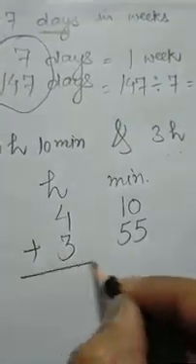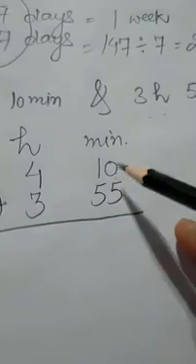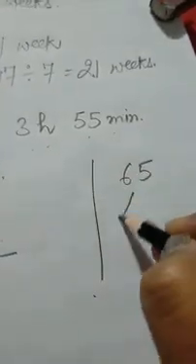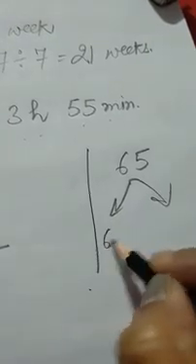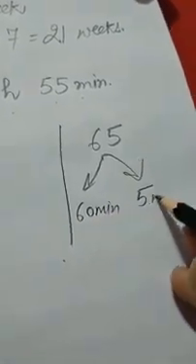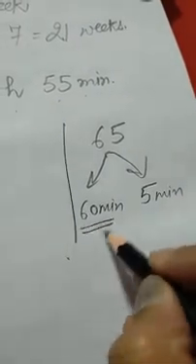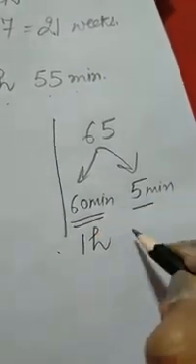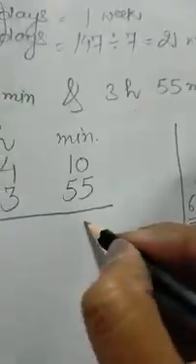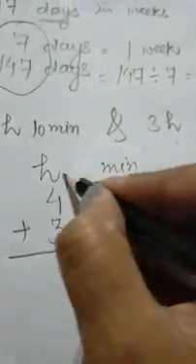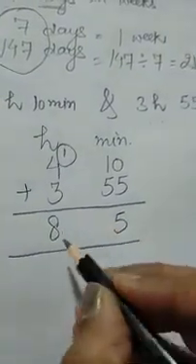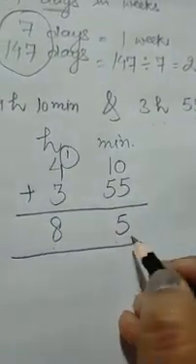When you add these minutes, you will get 65, but we cannot write 65 here because minutes are only up to 60. So we will make two parts, 60 minutes and 5 minutes. 60 minutes will be written as 1 hour and here is 5 minutes. So we write 5 and 1 hour will be carried. Here we got 8. So the answer is 8 hours 5 minutes.